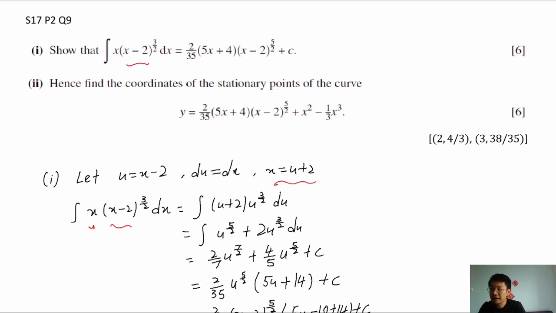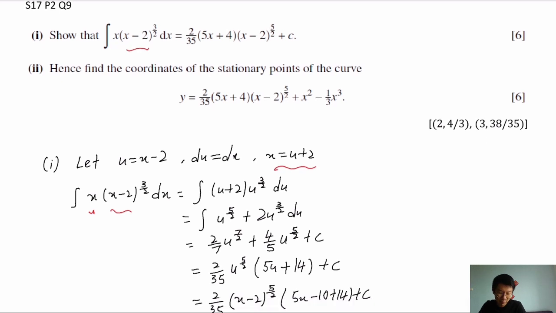And after that we just need to expand, because we do not know how to integrate this straight away. By expanding, we have two terms which are very easy for us to integrate: u to the power of 5 over 2 and 2u to the power of 3 over 2.